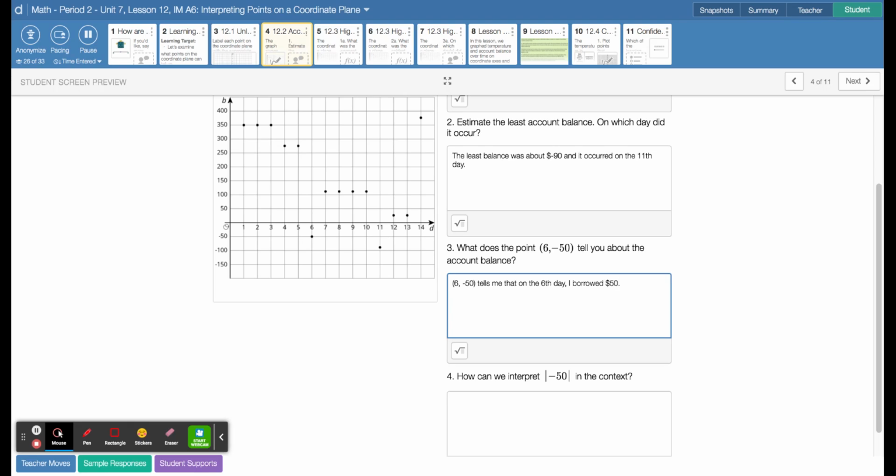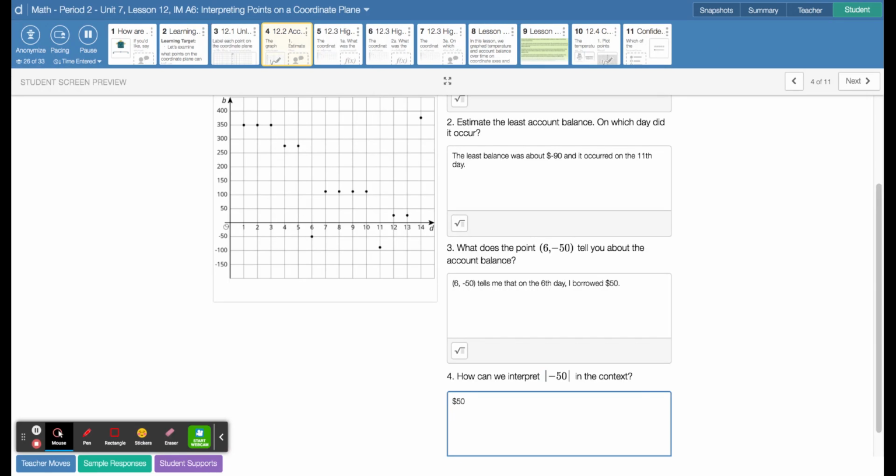And it's quite interesting because notice here again, we're at negative $50, but we're using the positive 50 because we're able to use this word borrowed, which indicates that we really are looking at a negative amount. And so that kind of lends a hand to what's going on here. We're asked to interpret the absolute value of negative 50 in this context. And that's really what's happening here, is that we are actually taking the absolute value of negative 50, which is 50.